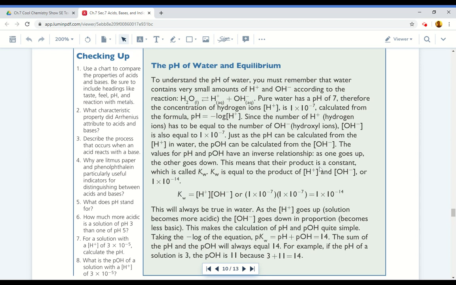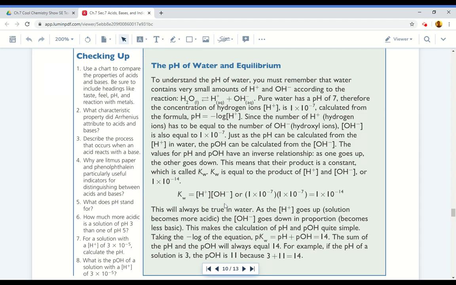This means that their product is a constant, which is called the ion product of water, and is equal to the product of the two concentrations, or 1 times 10 to the negative 14th. And then here's the expression of that. This will always be true in water.